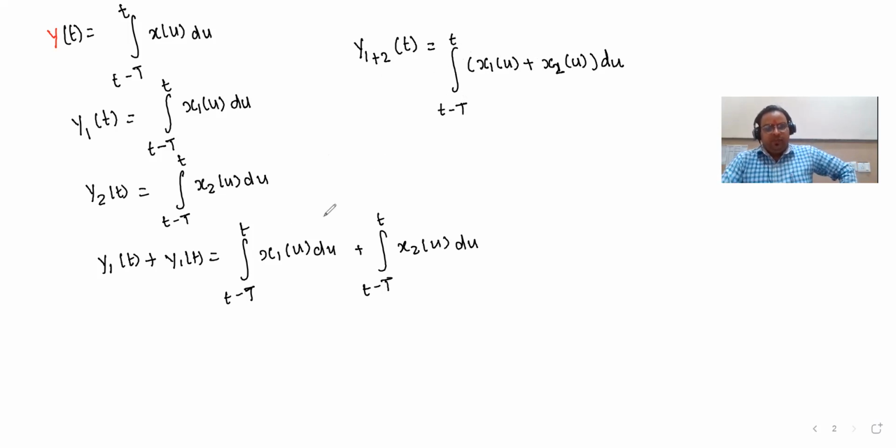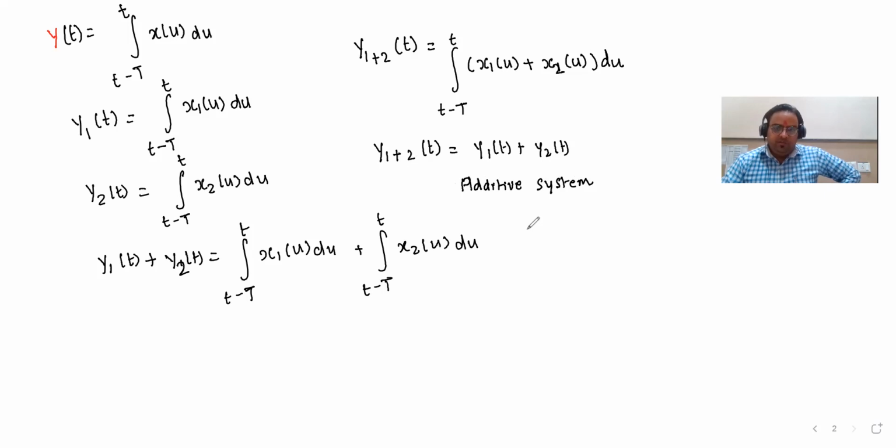So we can see that y1 plus 2 is equal to y1 plus y2. So we get y1 plus 2 of t equal to y1 of t plus y2 of t, which shows that this particular system is an additive system.